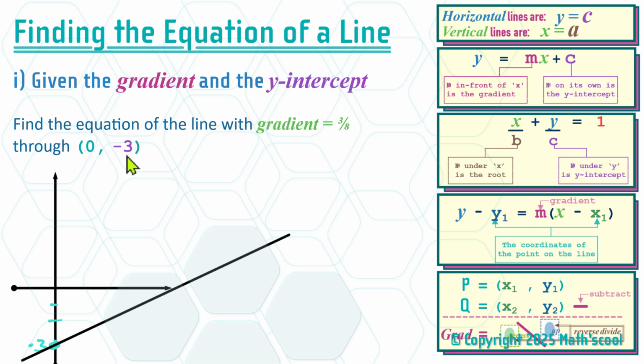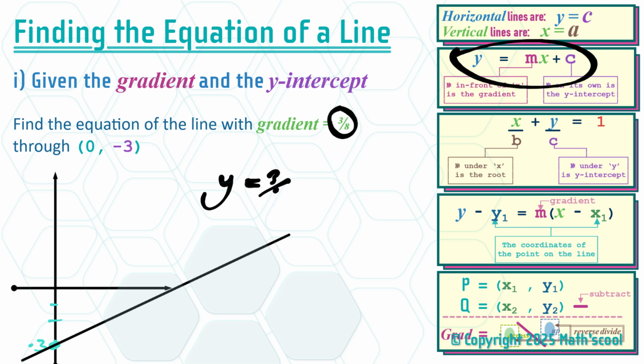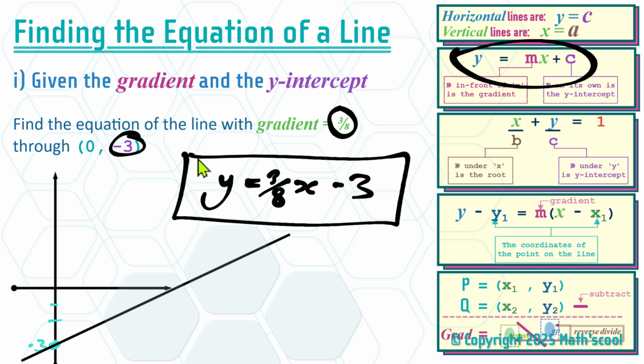They've disguised it. They haven't told you it's the y-intercept, but it is still the y-intercept because its x-coordinate is 0. And so we're just going to fill the gradient and the y-intercept in. Y equals 3/8 x, and the y-intercept is minus 3. So really straightforward to find the equation of that line.